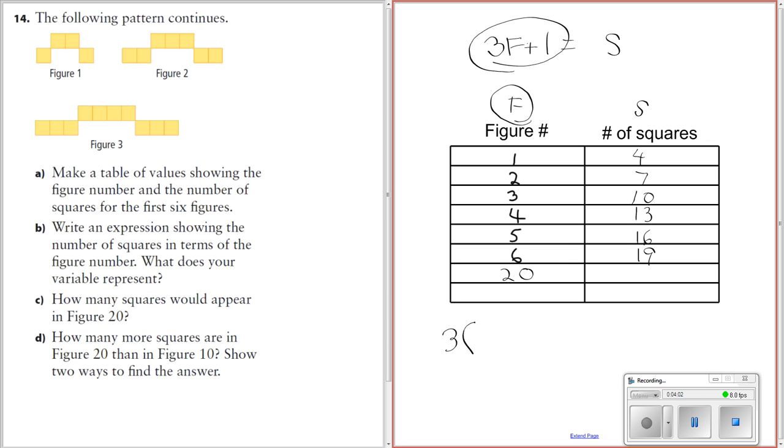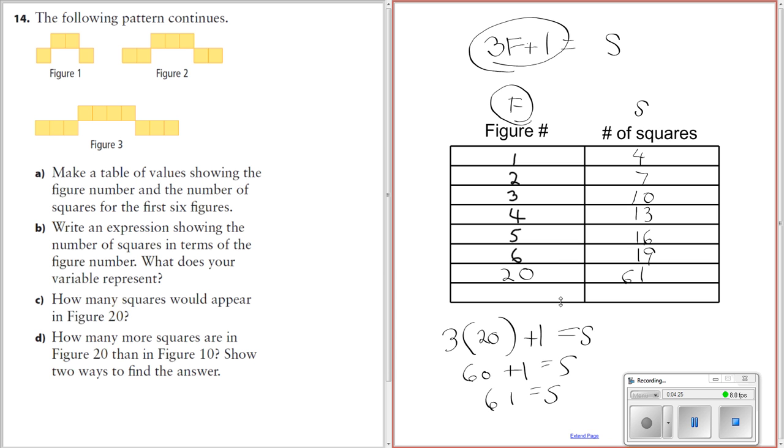So 3 times figure number 20 plus 1 should equal my number of squares. Order of operations says do this first. It's 60 plus 1, so there will be 61 squares in figure 20.